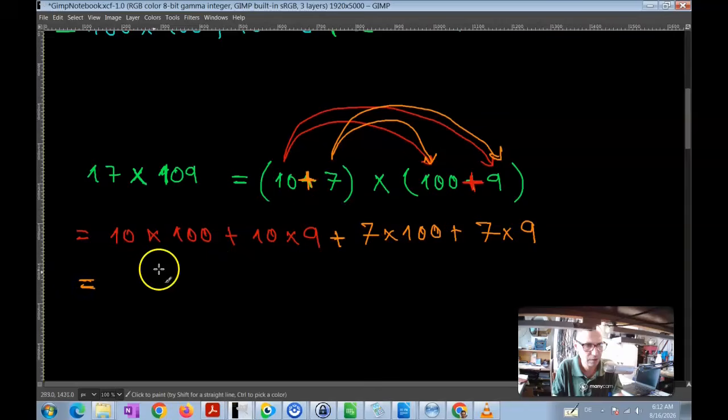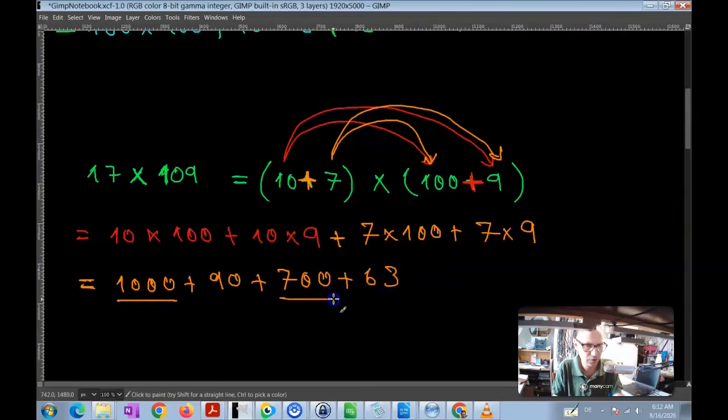So that's it. 10 times 100 is 1000. 10 times a 9 is 90. 7 times 100 is 700. 7 times 9 is equal to 63. Now that's 1000 and 700, that's 1700. And what is a 90 plus a 63?